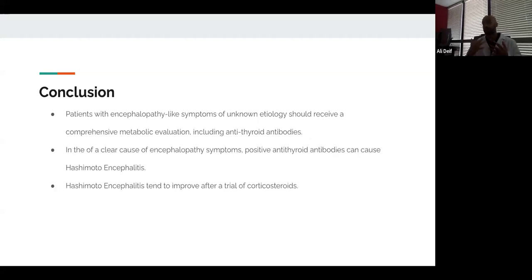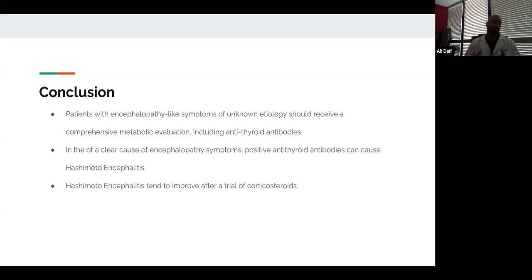So what's the conclusion and what do we want to take from this presentation and this case? Patients with encephalopathy-like symptoms of unknown etiology should receive a comprehensive metabolic evaluation, including antithyroid antibodies.